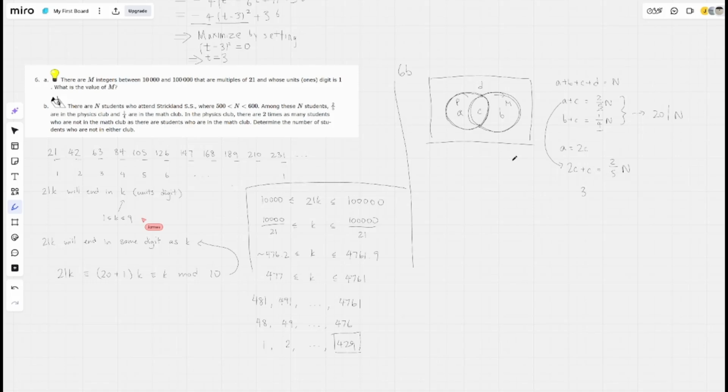So 3C is equal to 2/5 n. So C is equal to 2/15 n. Since C, again, is an integer, this means that 15 divides n as well.